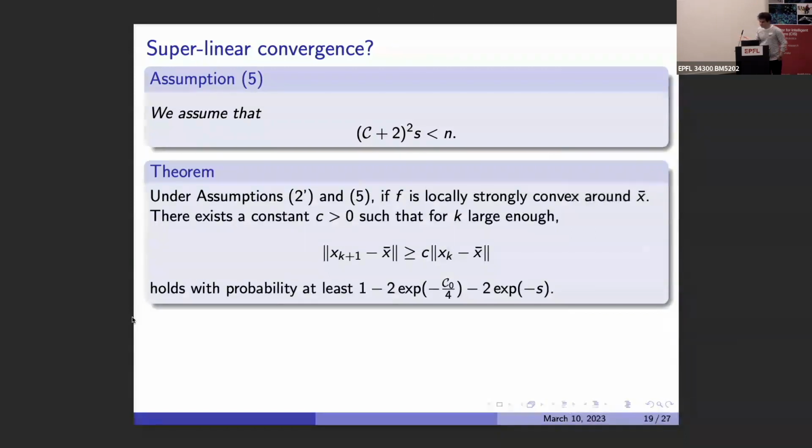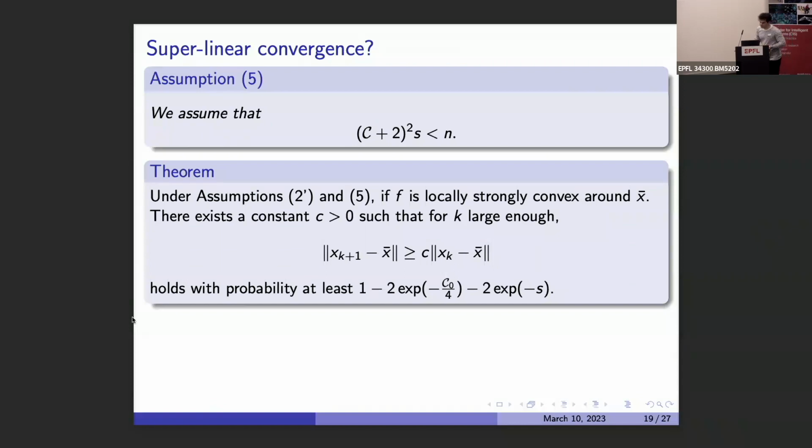If we have this, what we can prove is that if you take k large enough, then the norm of f(xk+1) minus f(x bar) is greater than some constant c times the norm of xk minus x bar.